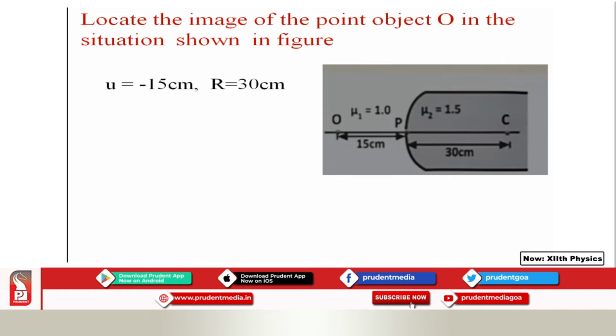So, please write down whatever is given. As per the sign convention, we know this is minus 15 and this is plus 30. So, we have got the formula. What you need to do is substitute and get the answer. So, check out, that will be your answer.